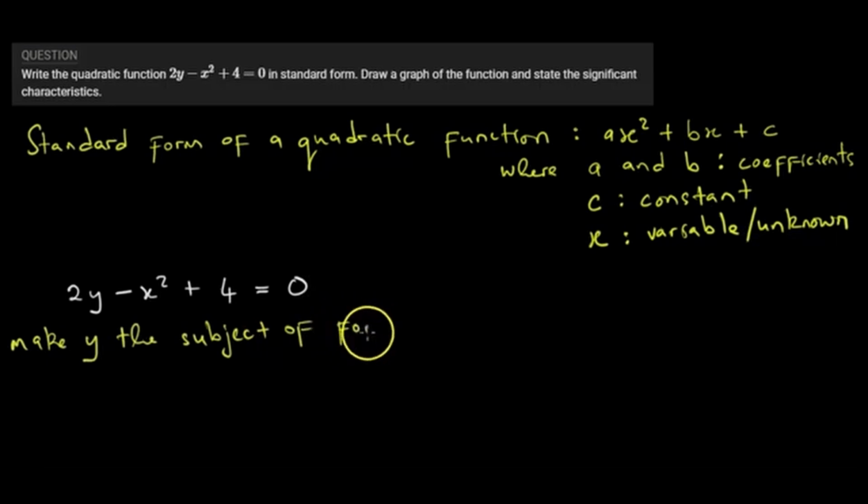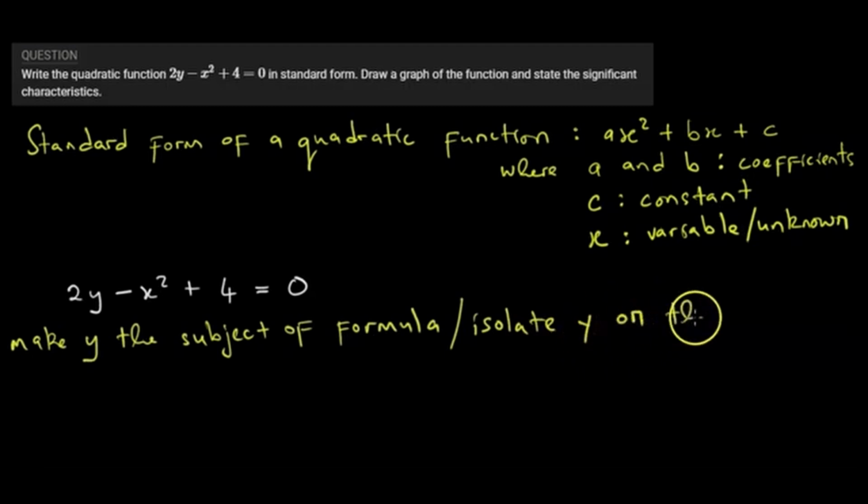What does it mean to make y the subject of formula? Basically, we want to isolate y. And usually, it should be done on the left-hand side. So an equation is made up of two parts. We have the left-hand side.